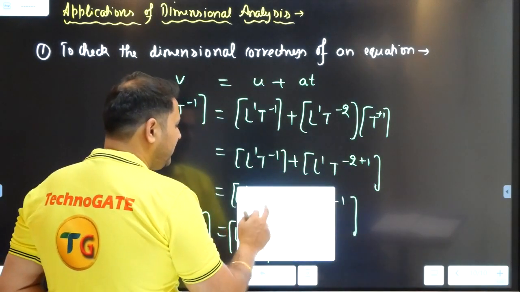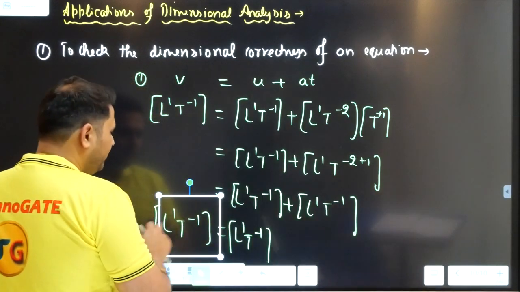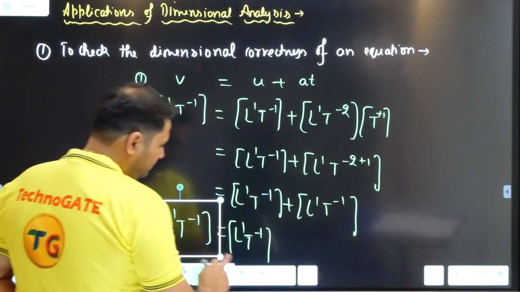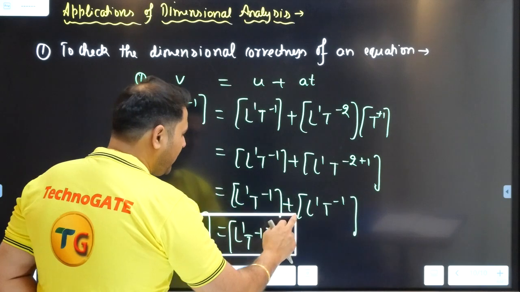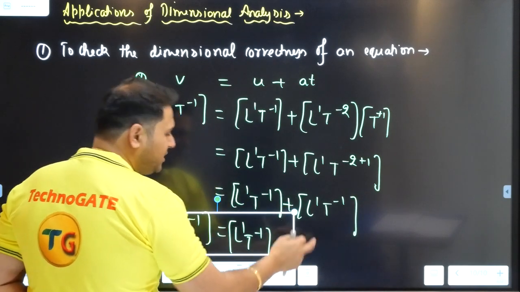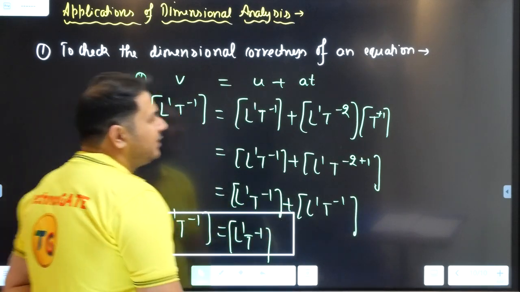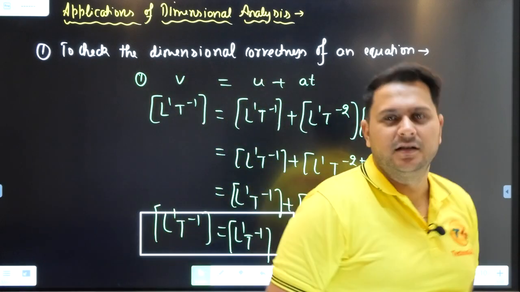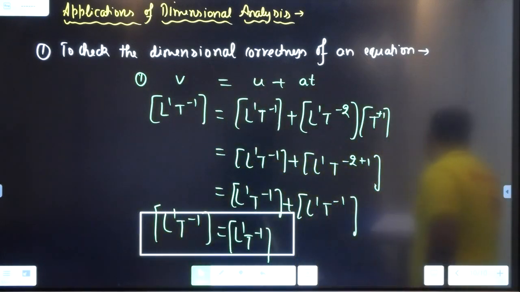Now you guys can see very carefully that an equation can be dimensionally checked. If the equation is correct, it has to be correct dimensionally also. Now, how can dimensional analysis be used? It can be used to check the correctness of an equation.